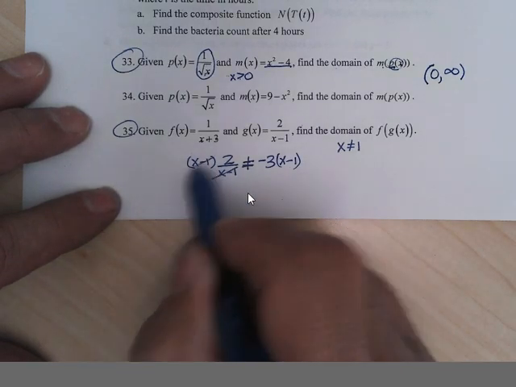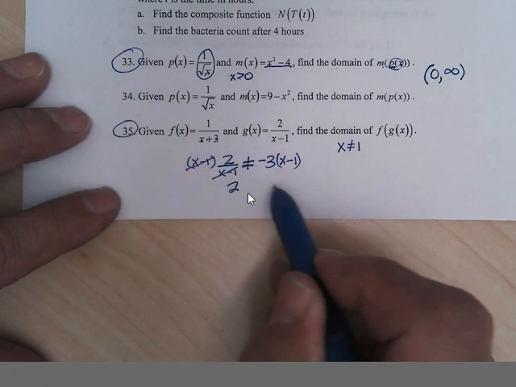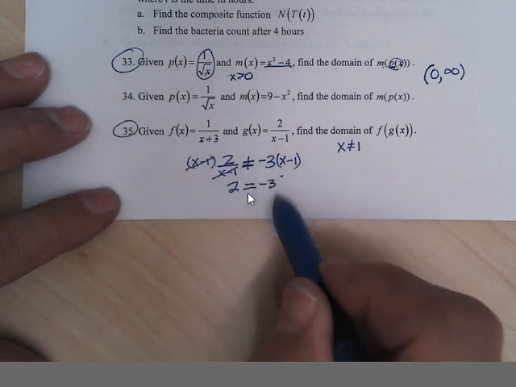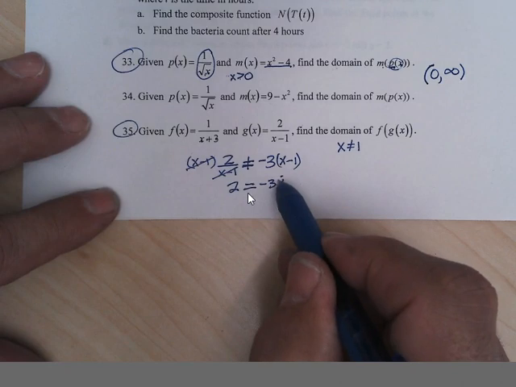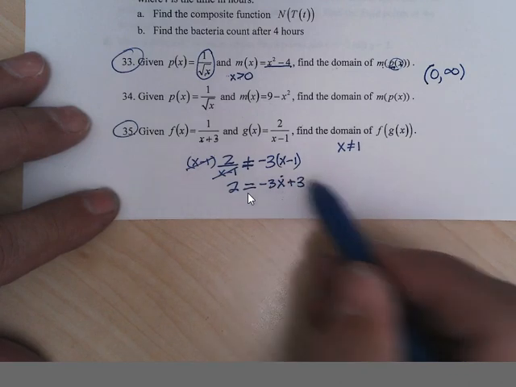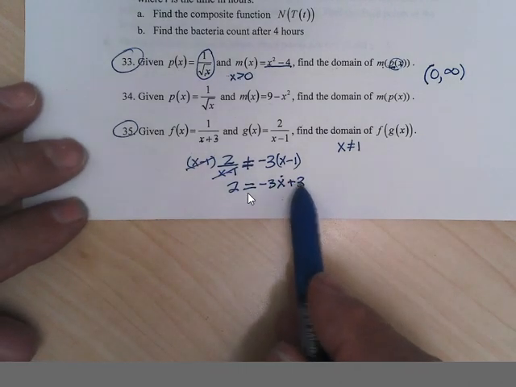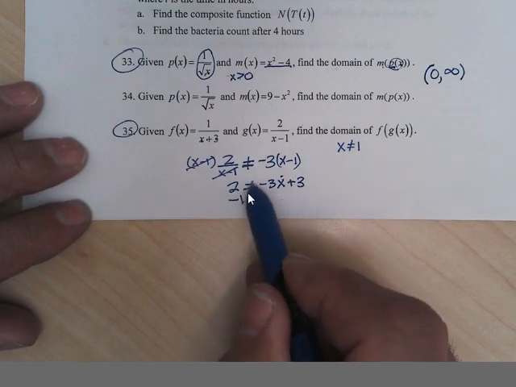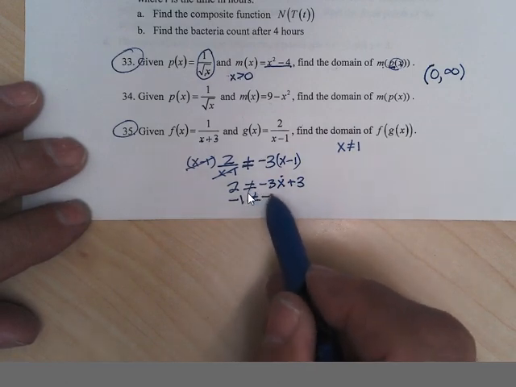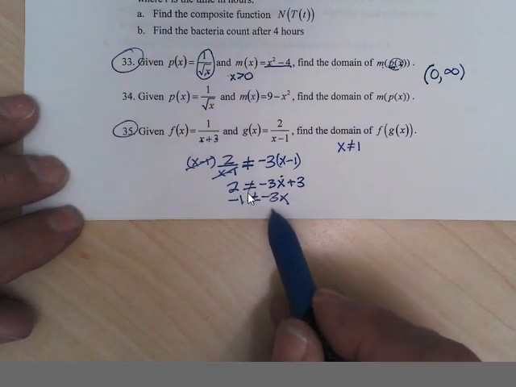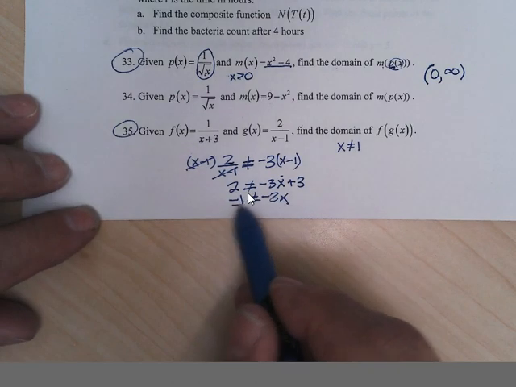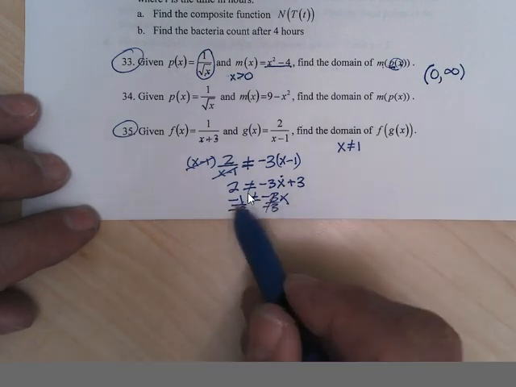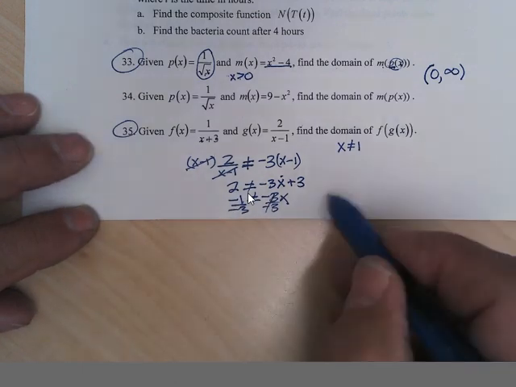The x minus 1's cancel, and I get 2 cannot equal -3 times x minus 1, which should be -3x plus 3. To solve for x, I'll subtract 3, so that's -1 cannot equal -3x. Divide by -3, and x cannot be plus 1/3.